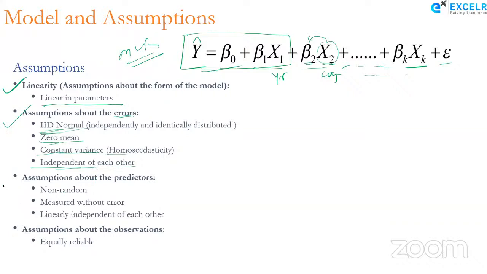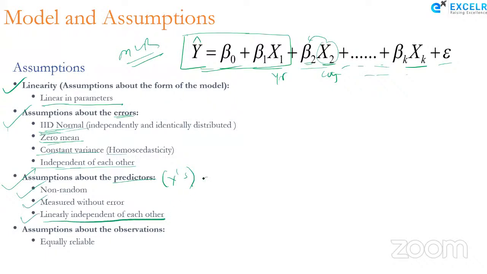Now this is about the predictors. Predictors are nothing but your x variables or the input variables. Those are all non-random. So they have been measured with utmost care. There are no errors associated when the values are captured, so that is what measured without error. They are linearly independent of each other.